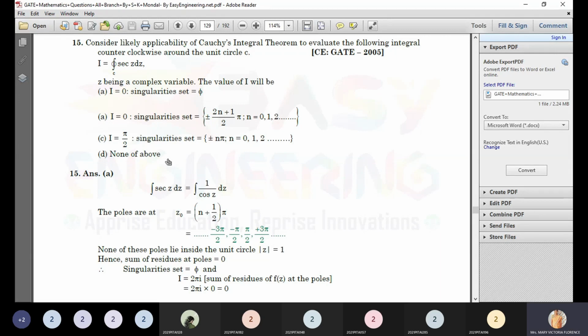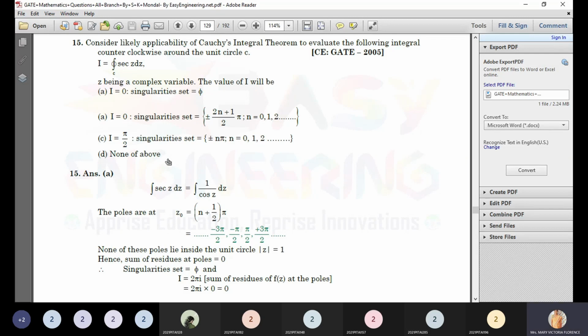If we put n value 1, we get 3 pi by 2. n value 2 gives 5 pi by 2. n value 0 gives pi by 2. So odd multiples of pi by 2 will be there.